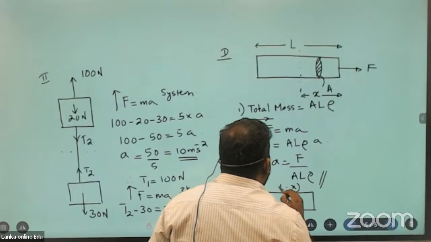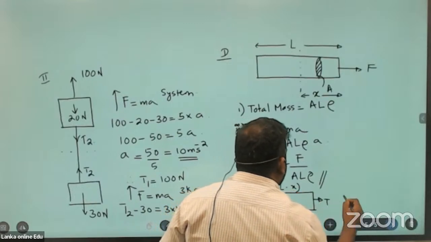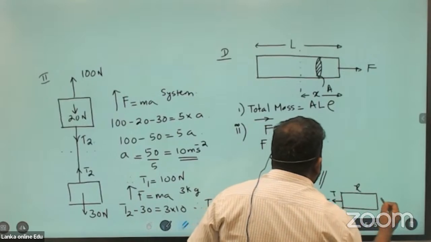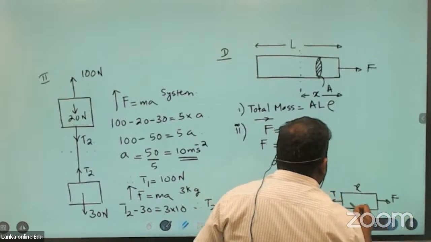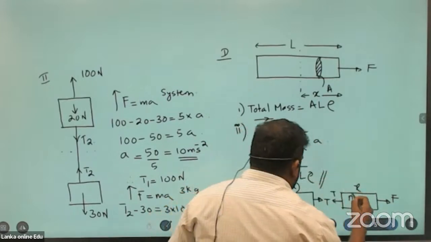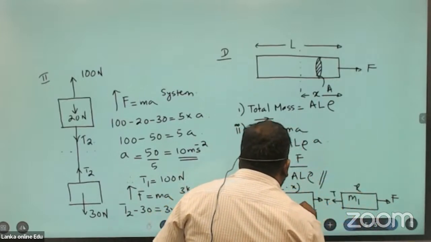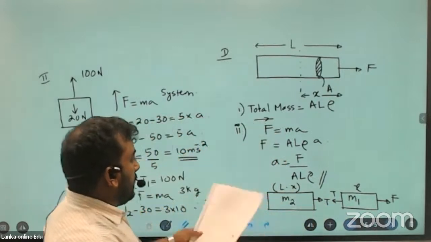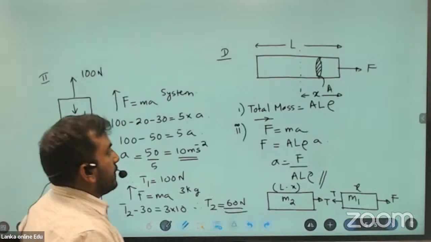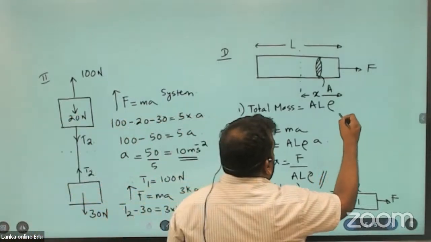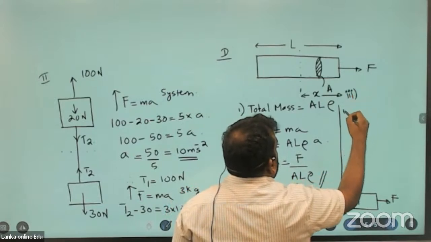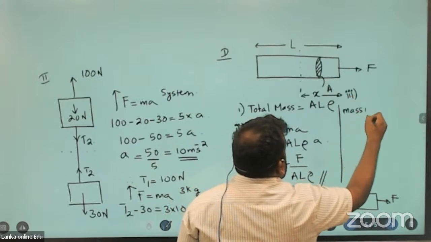Here L minus x is pulled by tension. Here x is also pulled by tension in the opposite direction. Here is force F. Separately you have the mass here, M1, and separately you have mass here, M2. What are they asking you? Tension, no? So what's your mass per length? Roman 3. Mass per length.